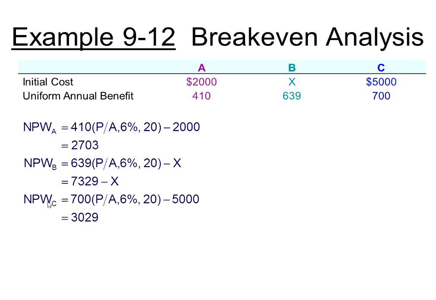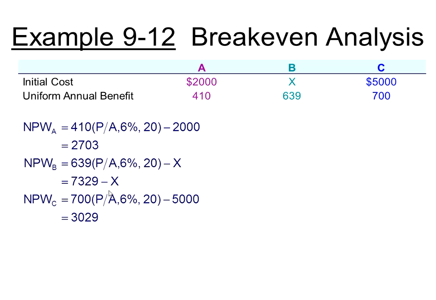Then the same thing for the net present worth of C. The only difference is the actual values here. So this works out to this much. And then we have the net present worth for B, so we can find the present equivalent of the 639 annual, which was 7,329.